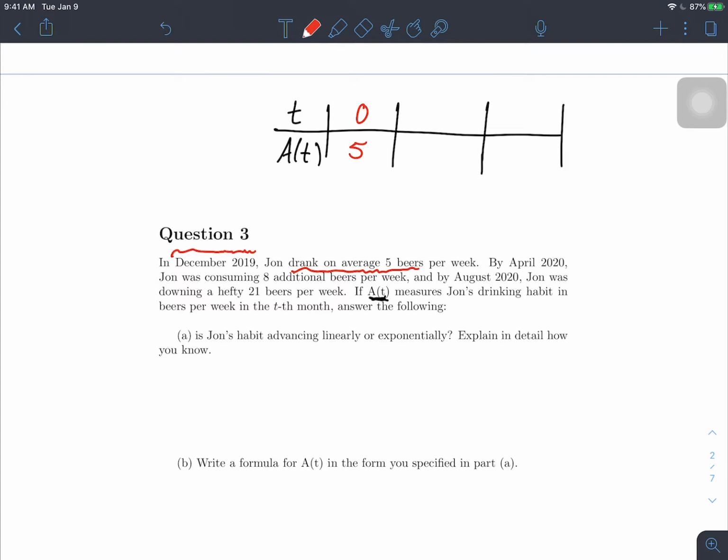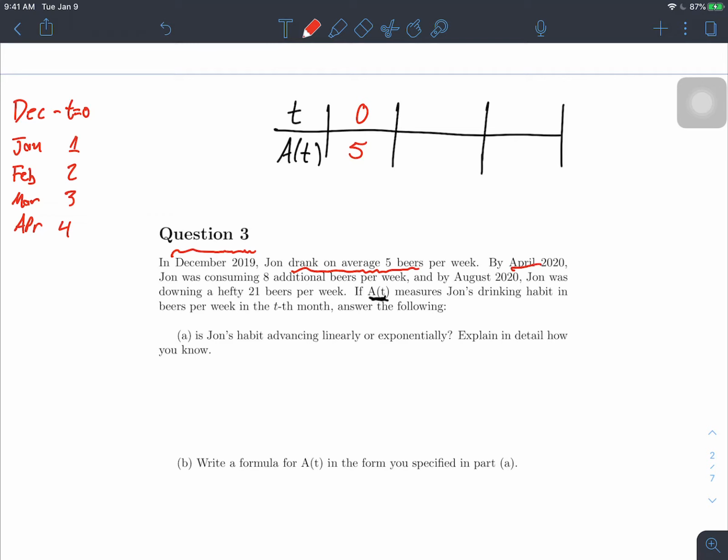Now, I have to be a little bit careful thinking about what t values April 2020 and August 2020 are going to represent. So if we've got December, January, February, March, April, and December is t equals 0, then January is t equals 1, February is t equals 2, March is t equals 3, and April is t equals 4.